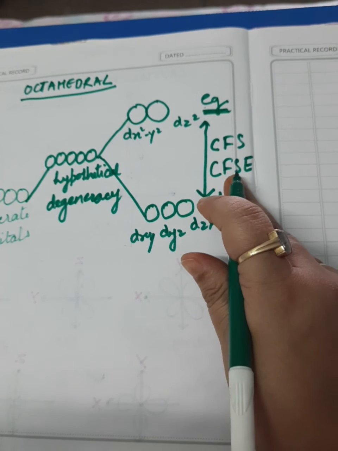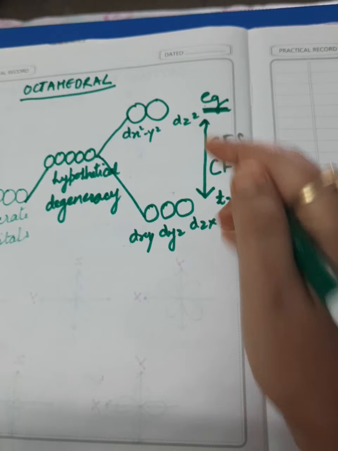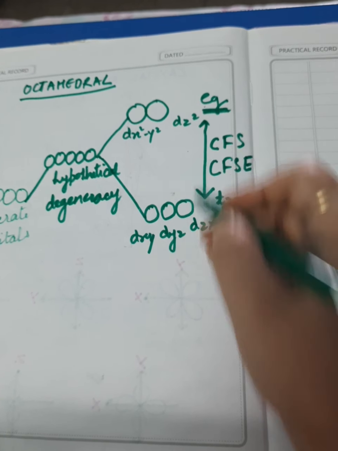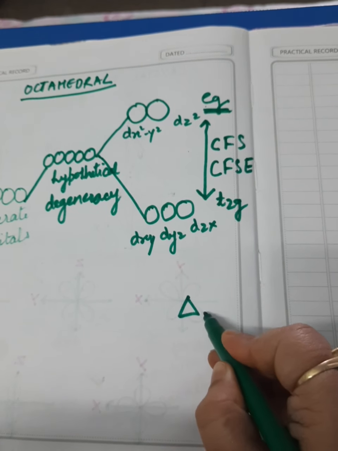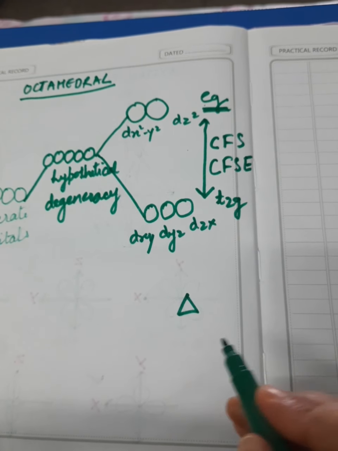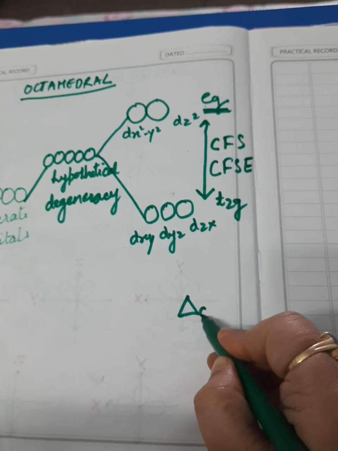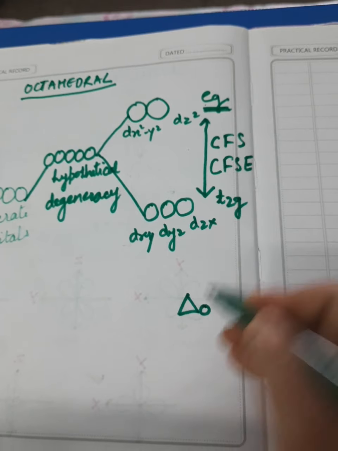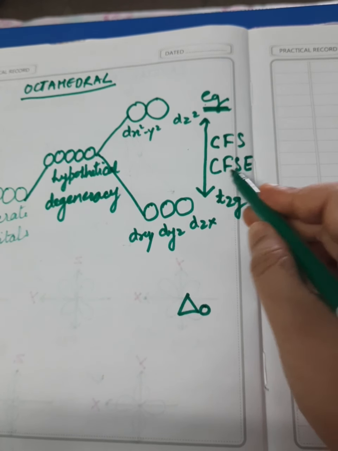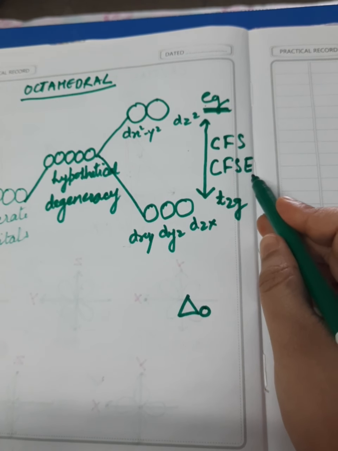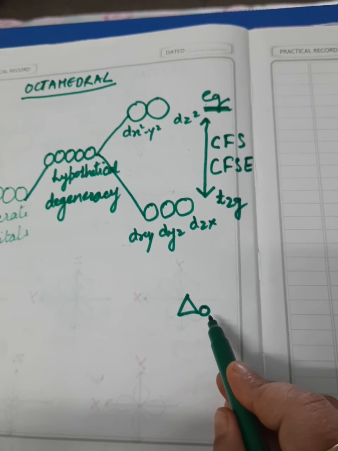In octahedral complexes it is represented by delta, and to show that we are dealing with octahedral complexes we write O, or naught. So we represent CFSE, crystal field splitting energy, as delta naught.